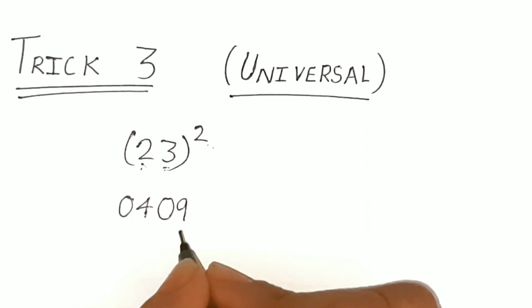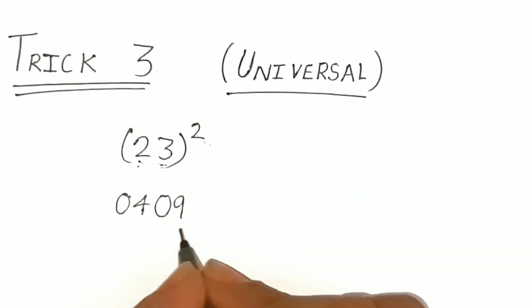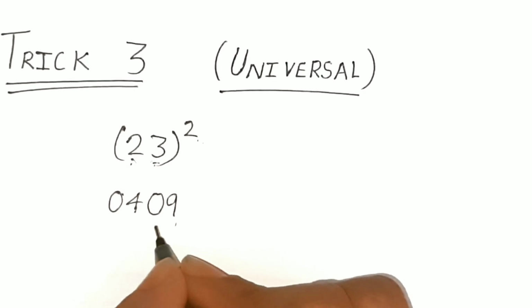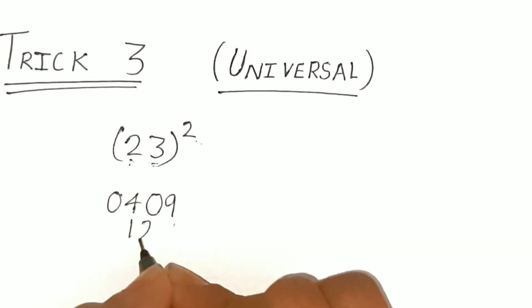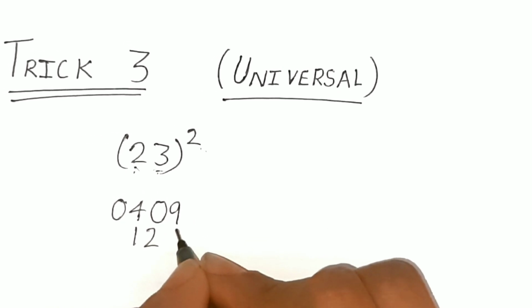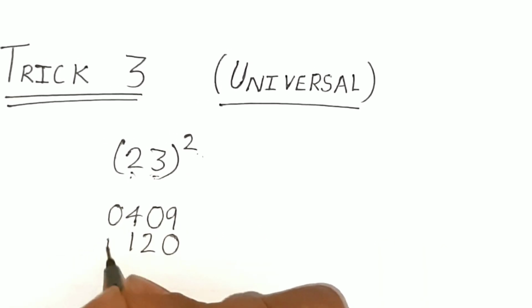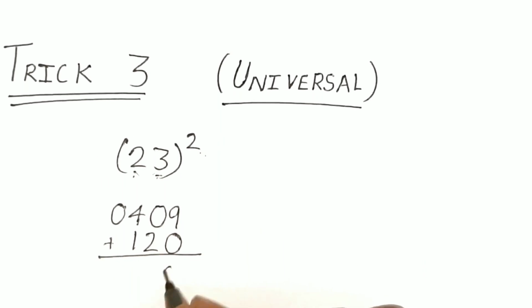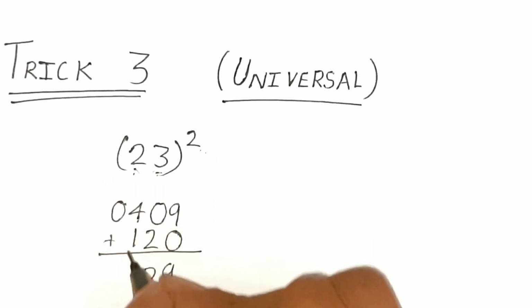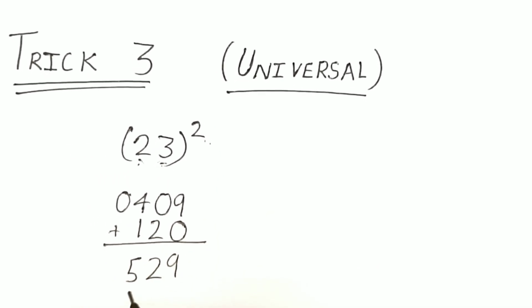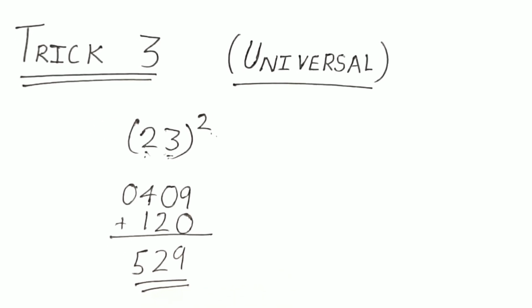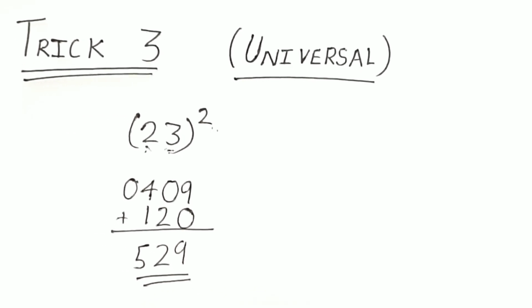Now over here you'll leave one digit, that means under 9 you'll write nothing, and then you'll write 12. So you can assume it to be 0. You need to skip one unit and then you need to add it. So we have 9, 2 and 5. So here is our answer, 529. Make sure you skip a unit, otherwise you'll mess up.